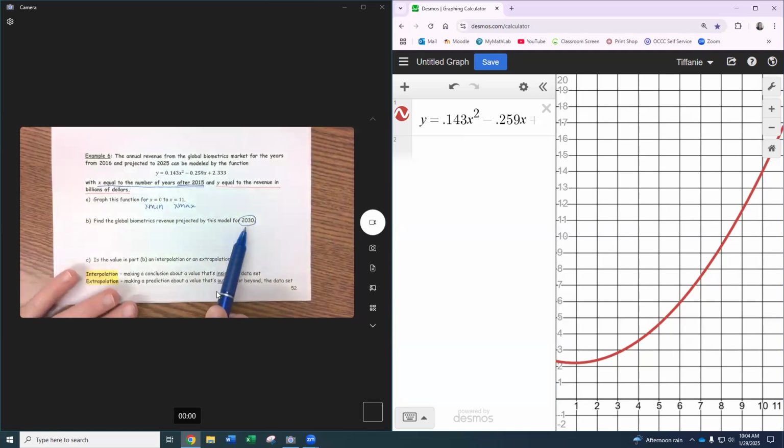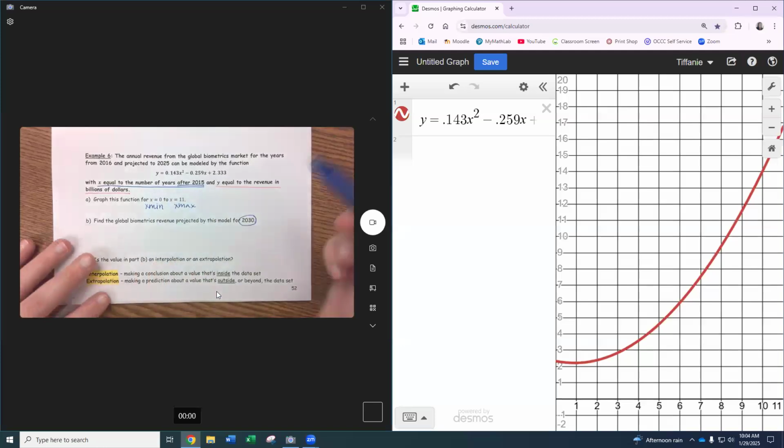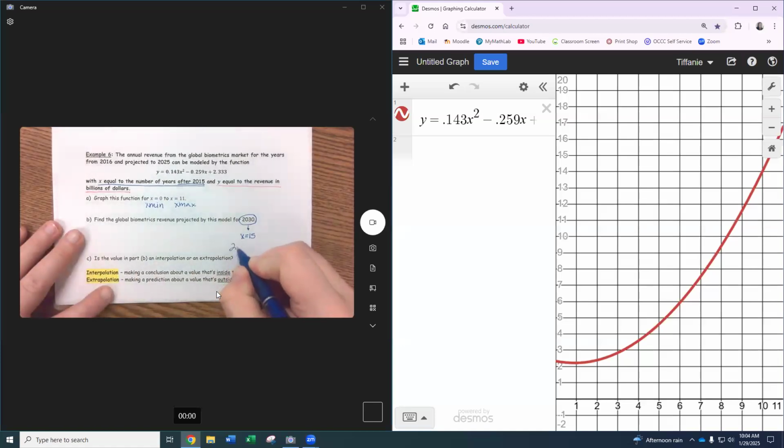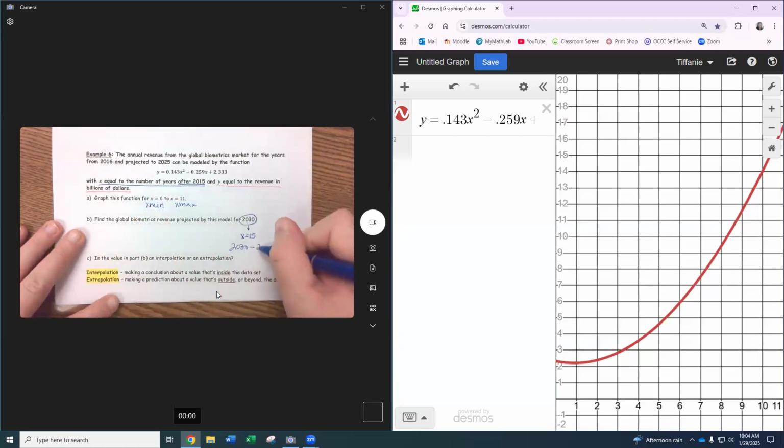Now, my x does not equal 2030. x is equal to the number of years after 2015. So here we are saying that x equals 15. How did I get that? I'm doing 2030, the year I am, minus the year that this is after.